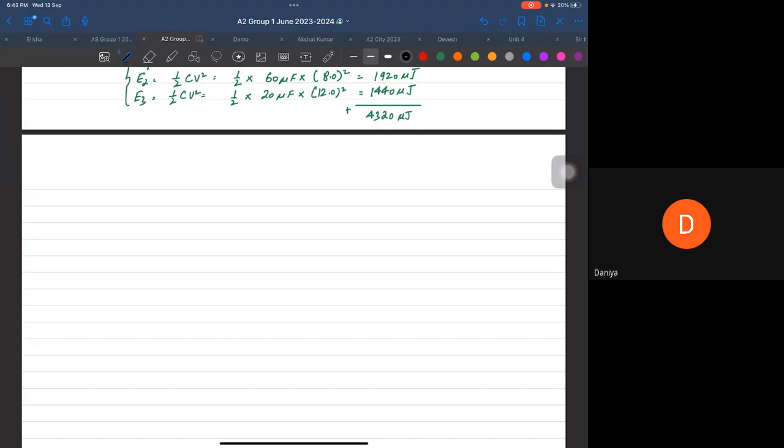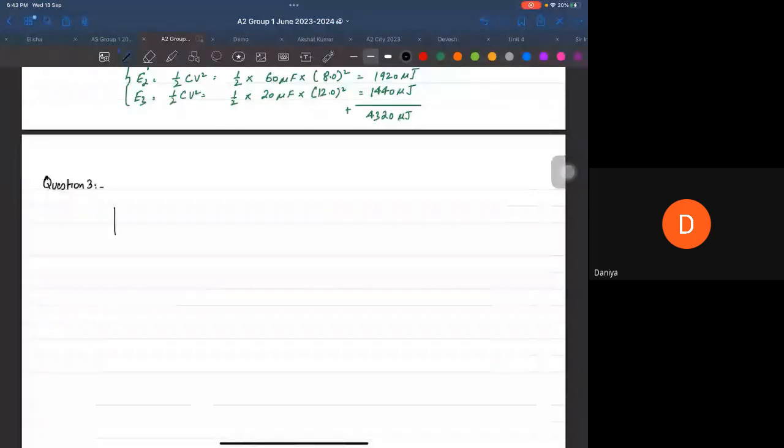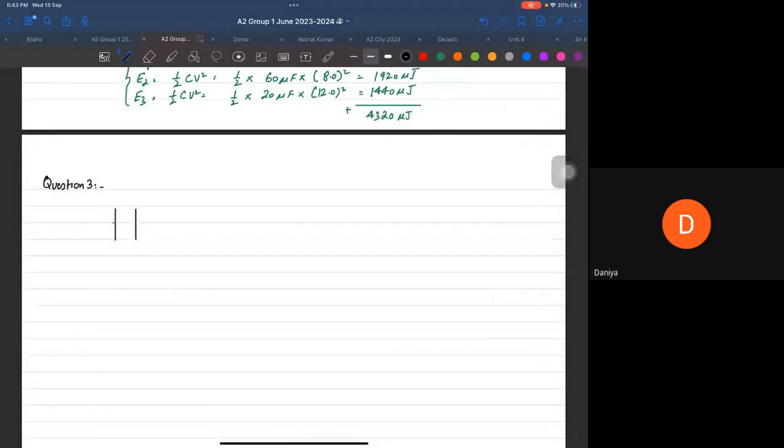These types of questions are typical paper questions connected to a battery like that. And this capacitor is called A, with a 60.0 microfarad value.